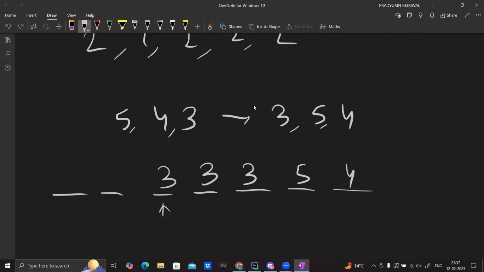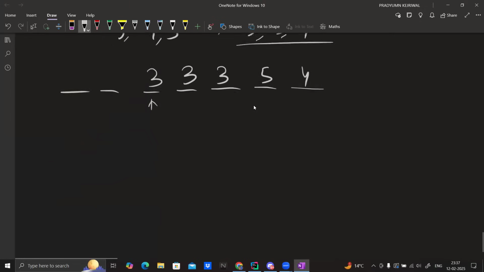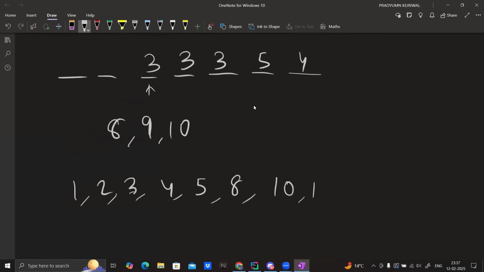But what if you don't apply at all? Like, what if you don't apply this operation at any index? So let's say the array B is something like 8, 9, 10, and array A is something like 1, 2, 3, 4, 5, and 6, 7.